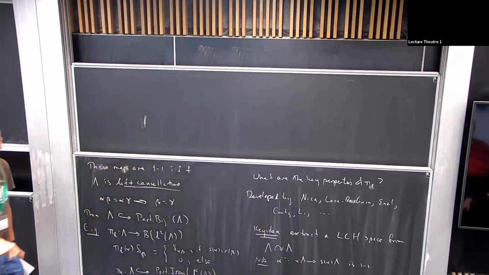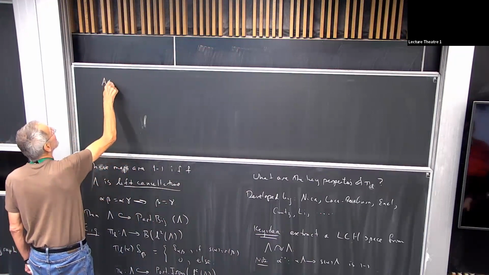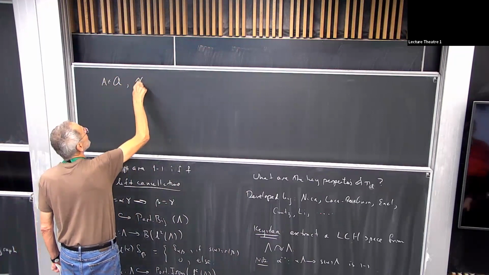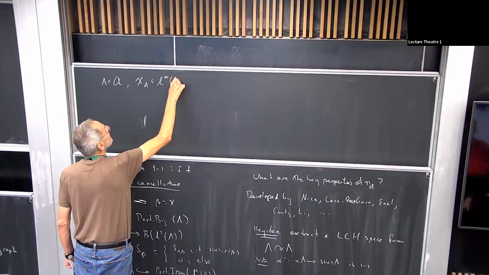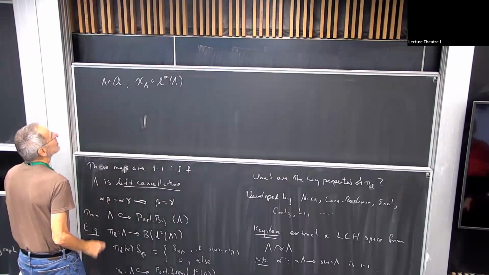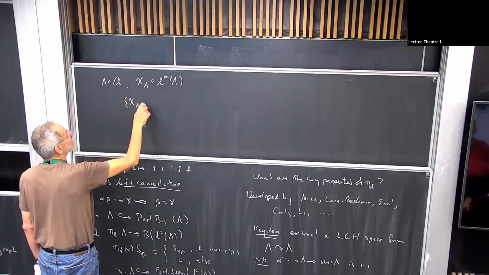But of course, there are various ways to do it, and my favorite way is a C-star algebraic way. So if we take an element of this ring A, then its characteristic function, think of it as a bounded function on lambda, so it's in little L infinity of lambda. So we can look at all such characteristic functions.